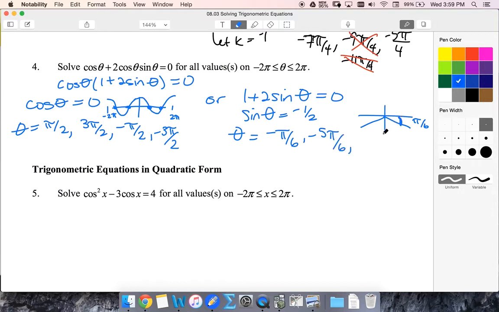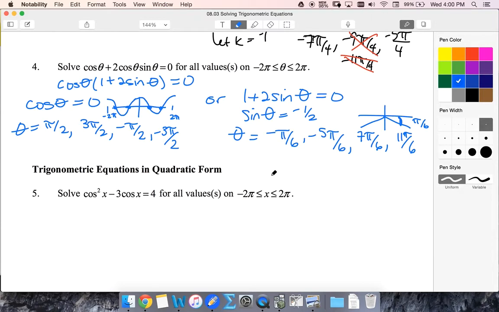If I continued around 2 pi, then I would go past my domain. So now if I think about going the positive way, I'm going to go to 7 pi over 6, or all the way to here would be 11 pi over 6. So all told, this one equation has 8 solutions in this domain.